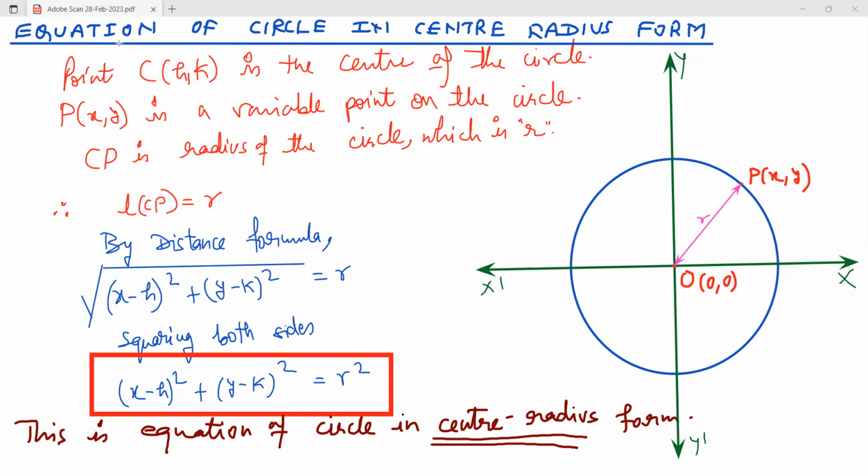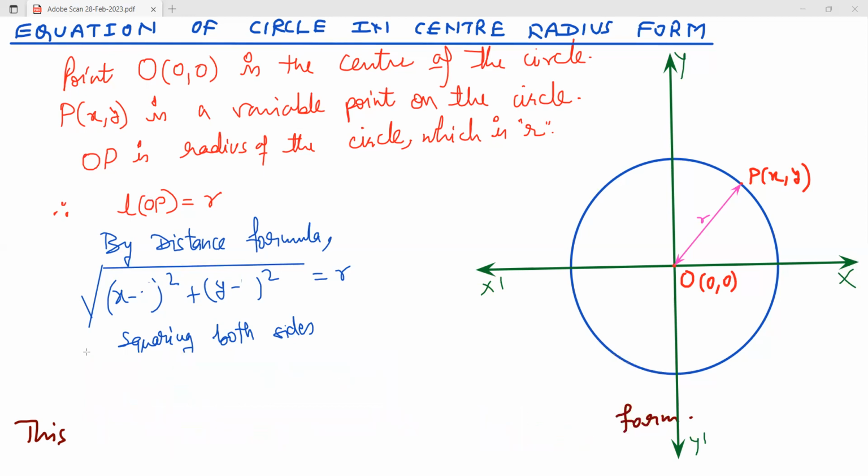I will first write point O(0, 0) is the center of the circle. P(x, y) is a variable point. Then I will write OP is the radius of the circle, which is r. So what is OP? OP is equal to r. By distance formula, now I will apply the distance formula.